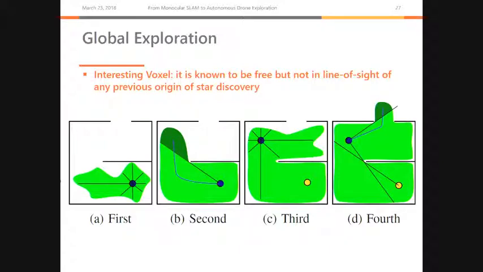When it does all of them and comes back to the origin, this part becomes interesting because it's supposed to be free, but it's not in the line of sight of the drone. So then it goes there, and again after star discovery this part becomes interesting, and it goes there for further exploration.